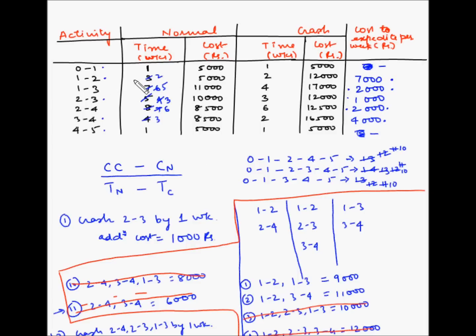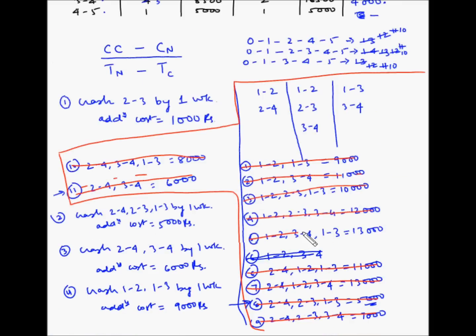So now if you note, 12 has again reached its maximum, so it's not possible to crash it further. So let's check off all the combinations which have this activity. So this is not possible, this has 12, this is not possible, it has 12, and this is also not possible because it has 12.